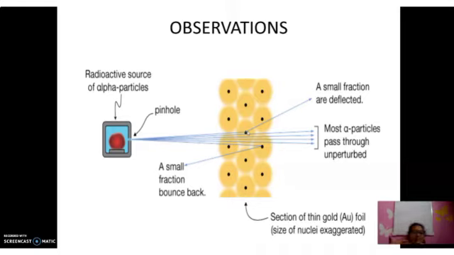What type of things can change the path of a positive substance? If it is a negative charge, they will attract each other. But if there is any other positive charge, they will repel each other. So the repulsion causes the small deviation.